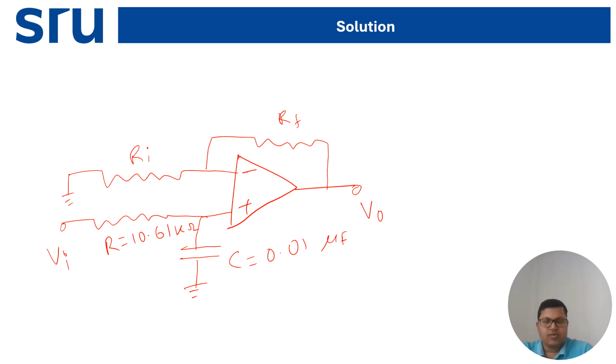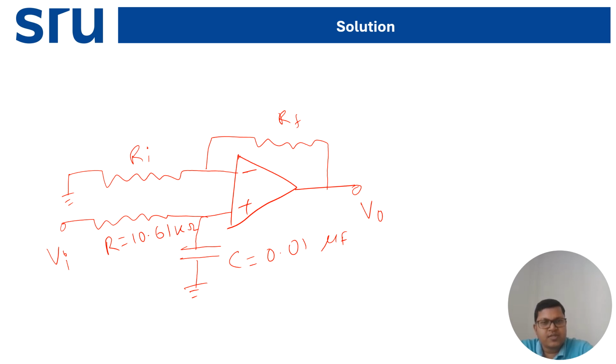So now we understood the problem of a low pass filter using an op amp, and how we can find the value of R, or, in case R is given, we can find the value of C, while the cutoff frequency is also given to us.